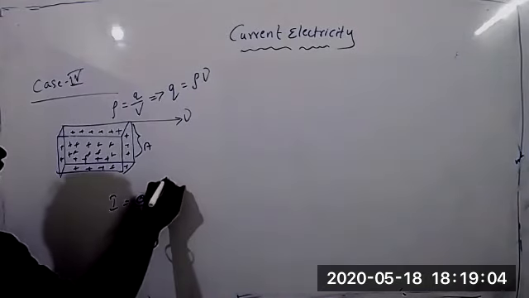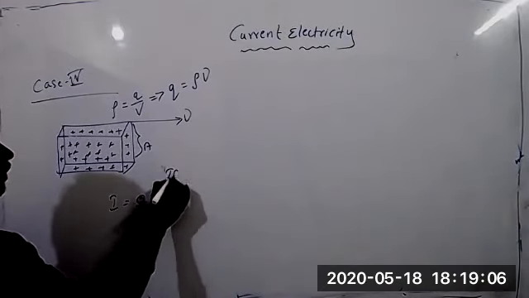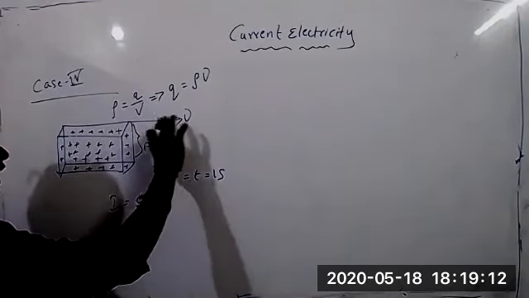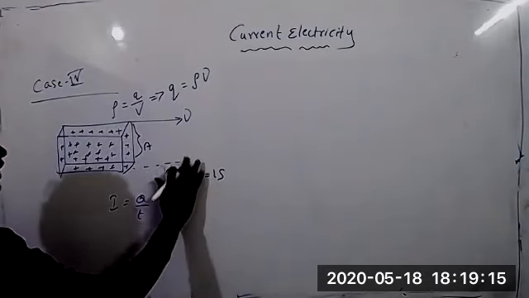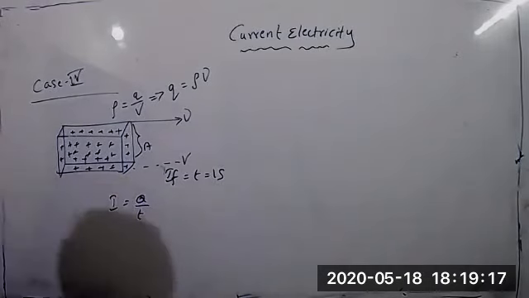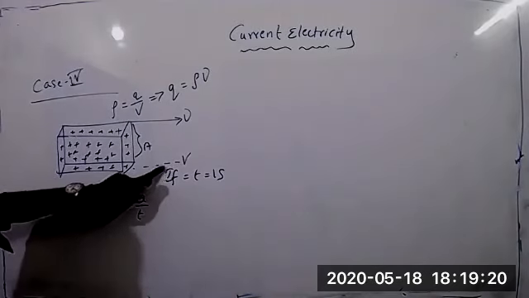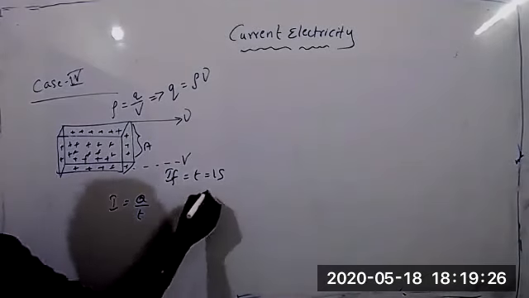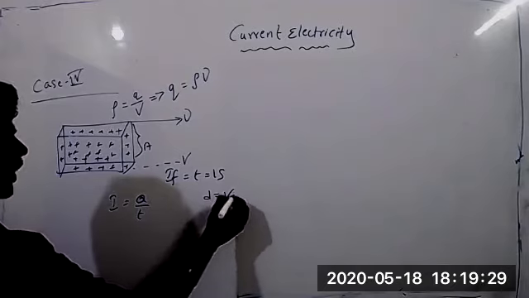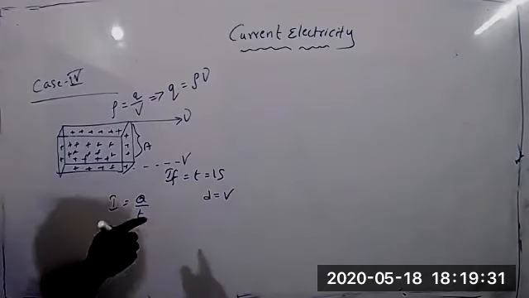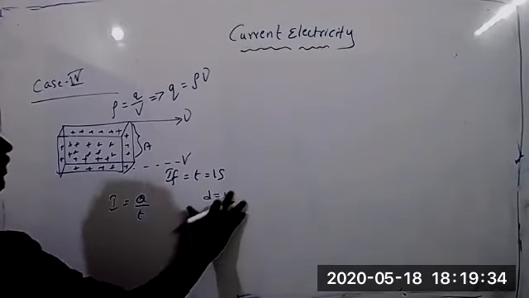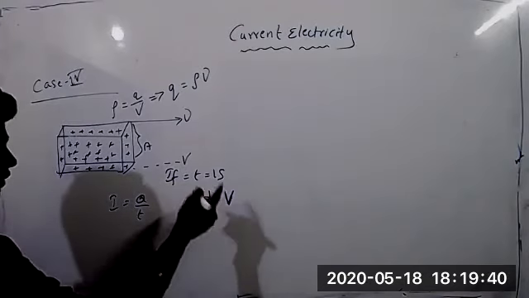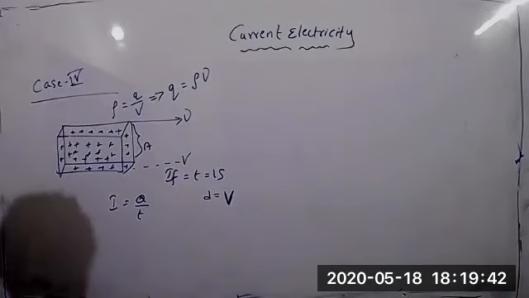Now what will happen if T equals 1 second? How much distance can it travel? V distance, am I right? So the distance itself is the velocity. The volume is area into distance. Here V means the velocity, which becomes itself the distance.